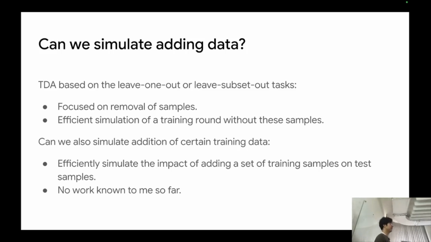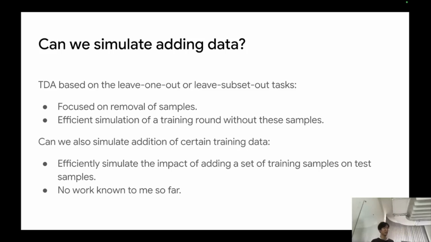I believe this is actually possible, based on the viewpoint of retrieval as well. We can probably embed the training samples into an embedding space, and the test samples into the embedding space. Then in the same embedding space, when we have a new set of samples to include, we can also map them into the same space and measure the dot products between these points and the test sample of interest.